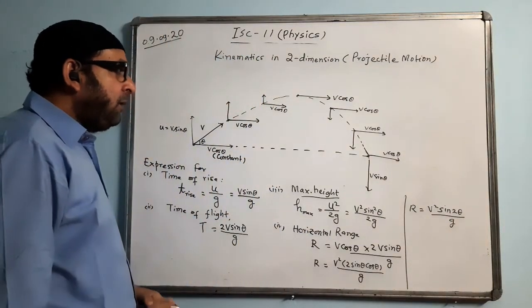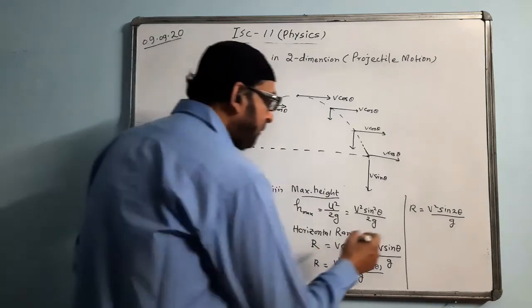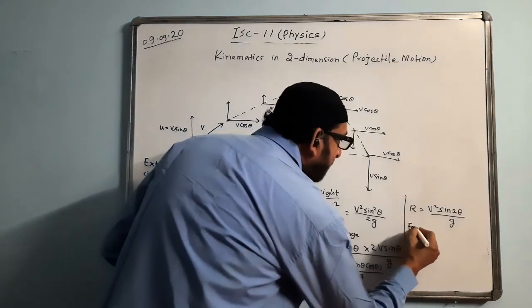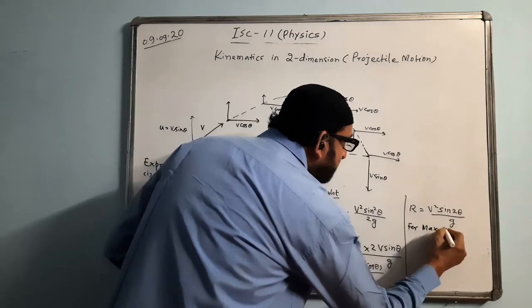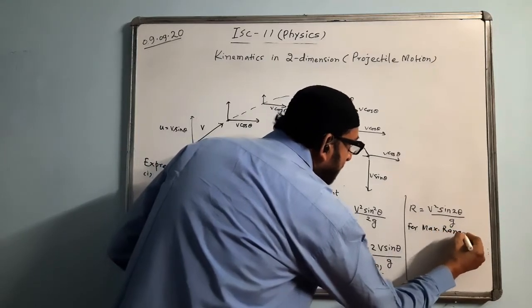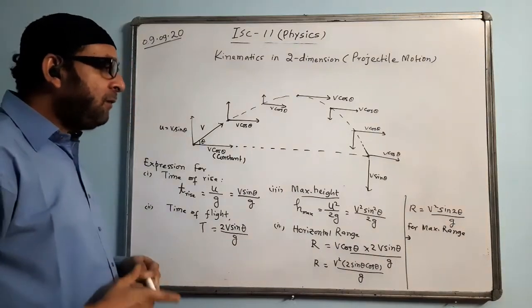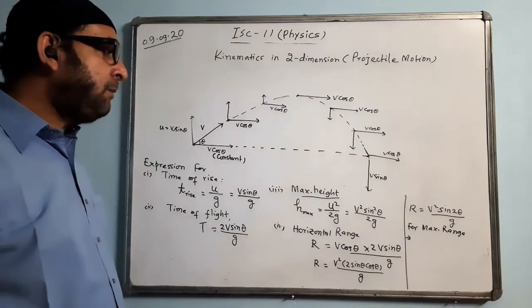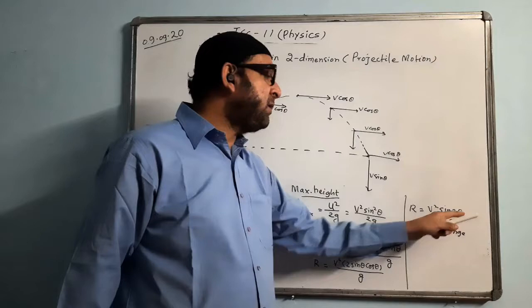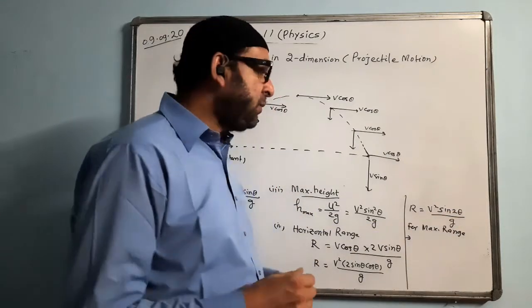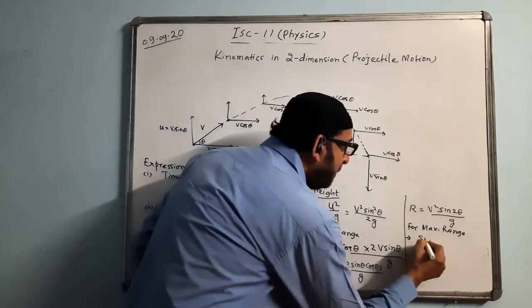Okay, now we will apply the condition for maximum range. Let us impose the condition for maximum range. For maximum range, the sine function's maximum value is positive 1, so we will be writing like this.